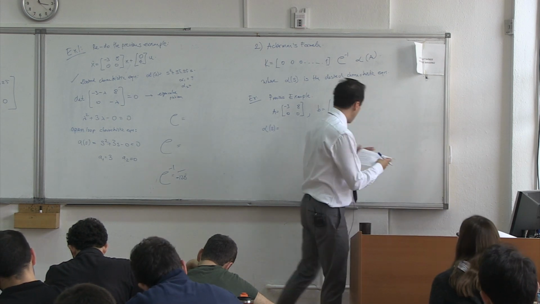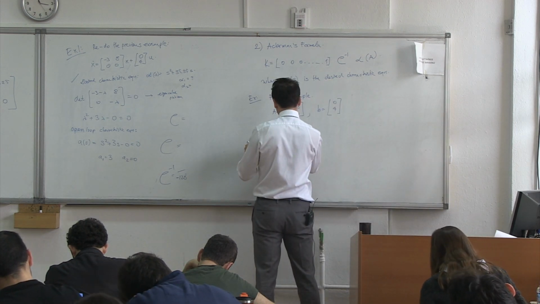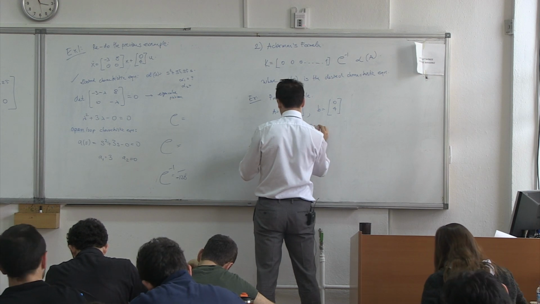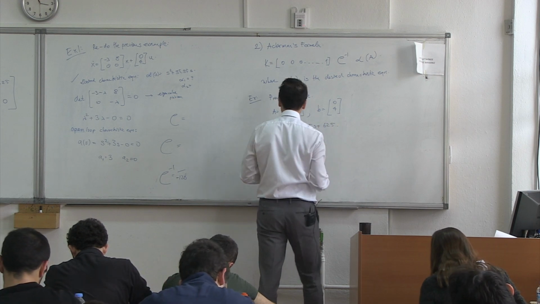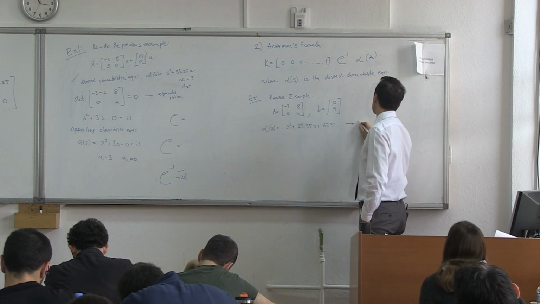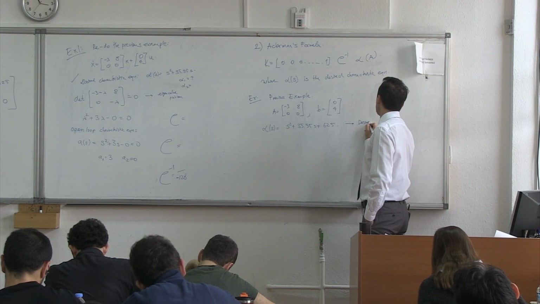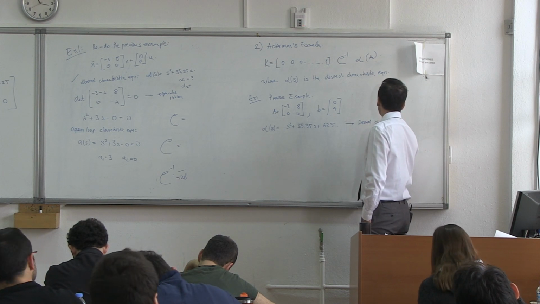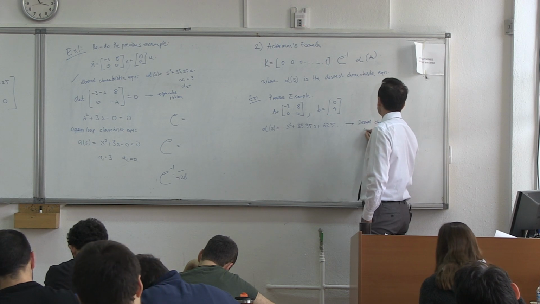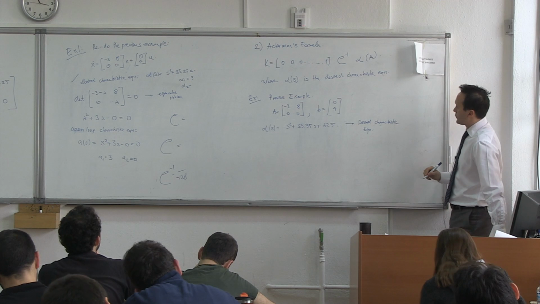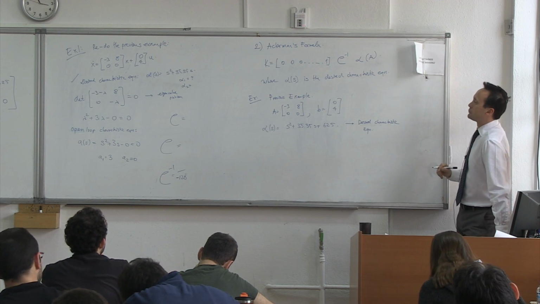Alpha of S was equal to S squared plus 35.35 S plus 625. This was the desired characteristic equation.